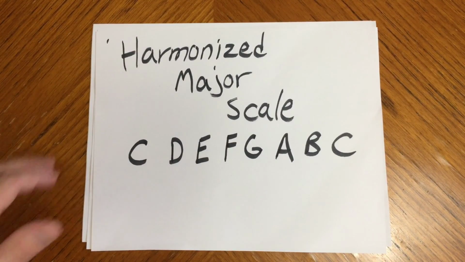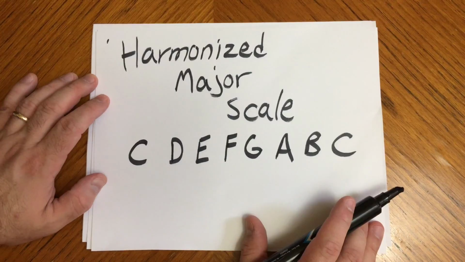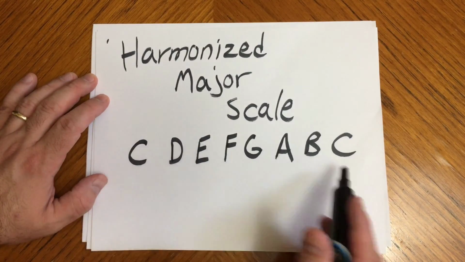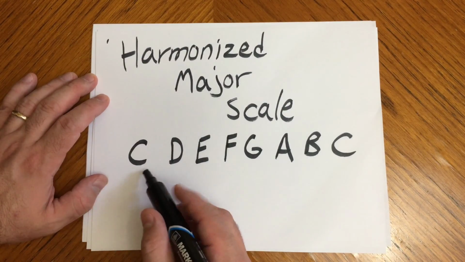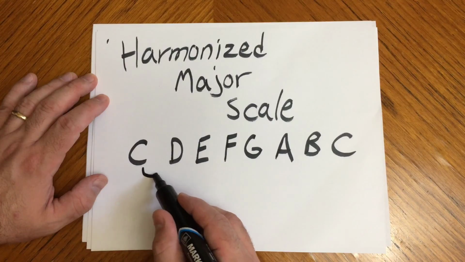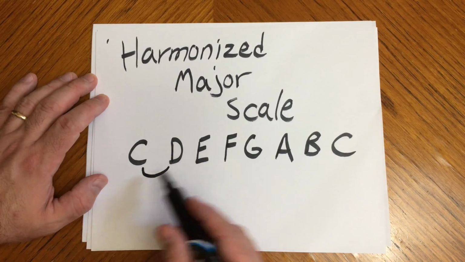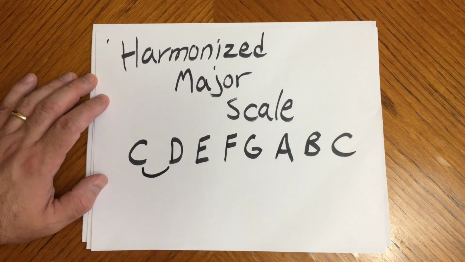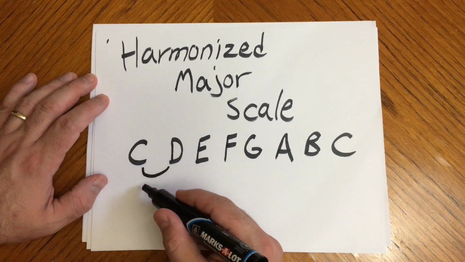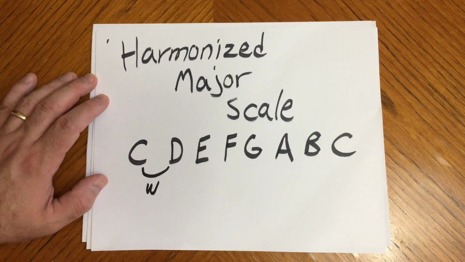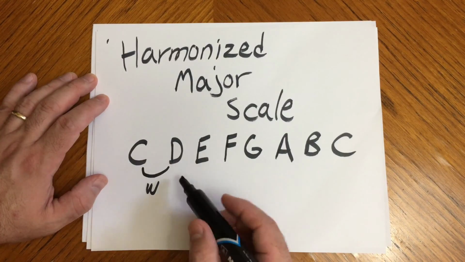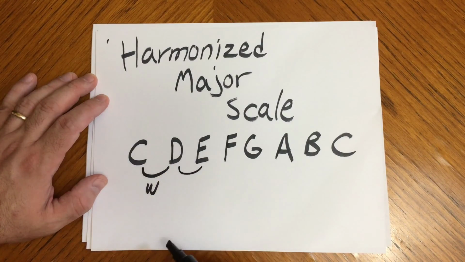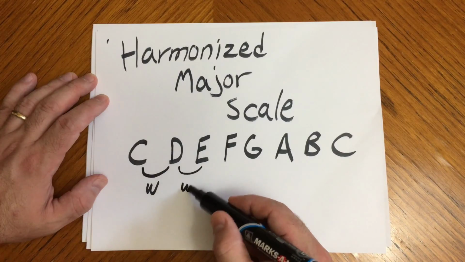And we're taught that the key of C comes from the way the major scale is built out. There are intervals from each note to the next, right? So going from the C note to the D note is what we call a whole step. And then going from D to E is a whole step.